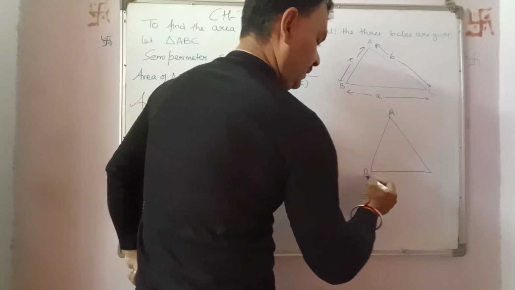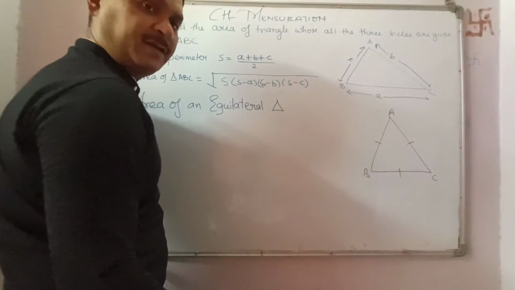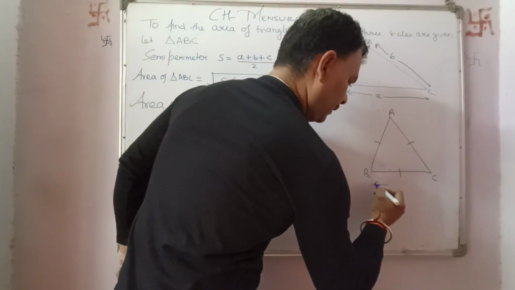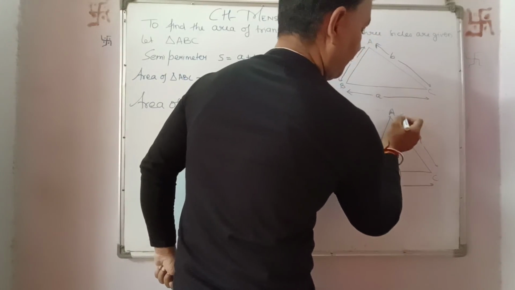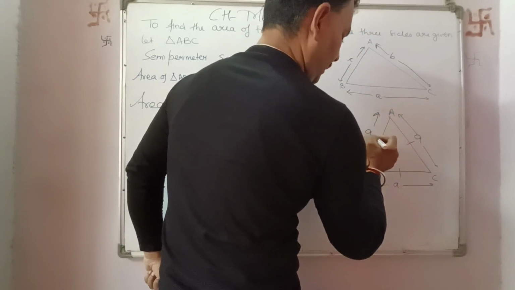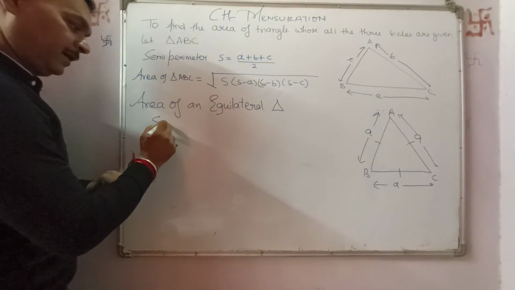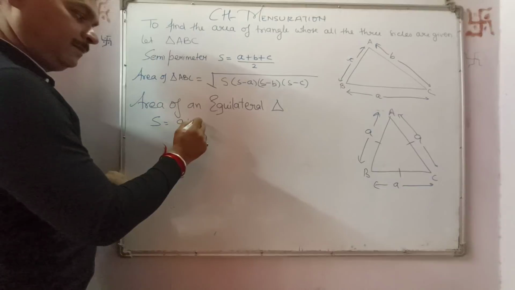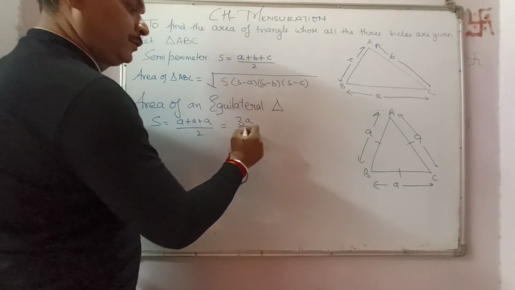Let triangle ABC be an equilateral triangle. Equilateral triangle means all three sides are equal. If one of the sides is a unit, then this is also a unit, this is also a, and so on. Now what will be the semi-perimeter? a plus a plus a by 2, or 3a by 2.